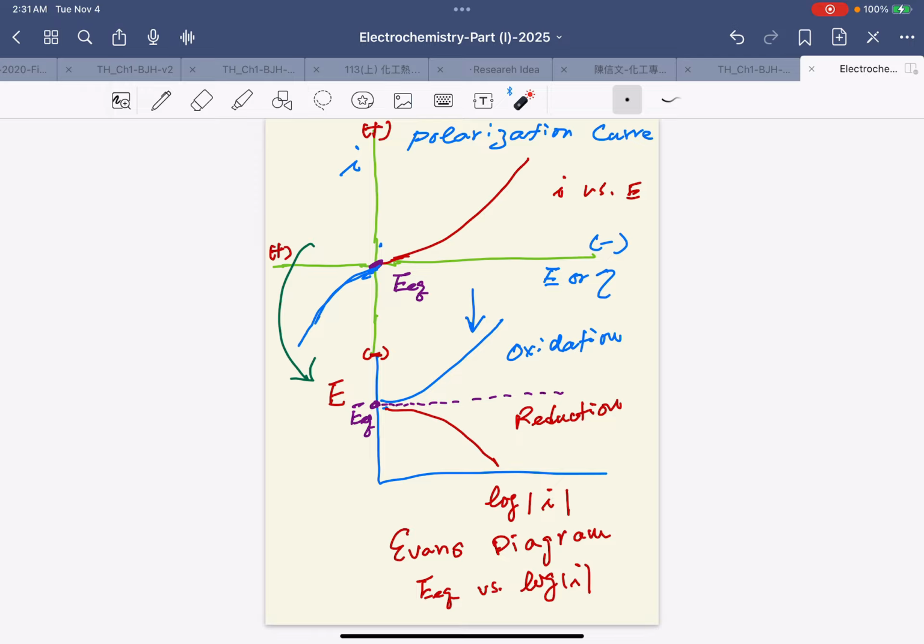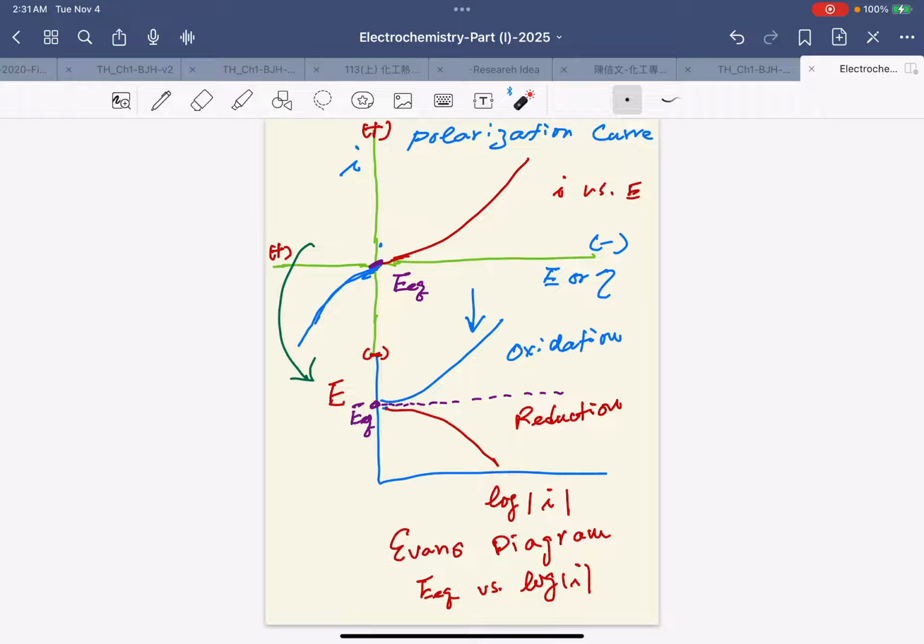And then for the current, we just take a log, or you can also take a natural log, of the absolute value of the current, because in the log you cannot have a negative value. So we transform this polarization curve to this curve, actually the same data, just in a different diagram. If you take the red one, this part is for the reduction reaction, you will get this part.